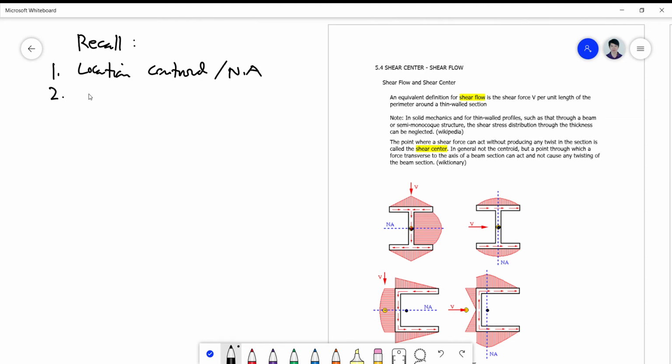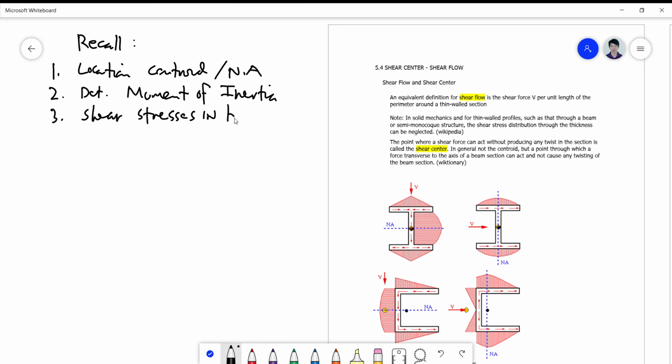Also, we have to know how to determine the moment of inertia, and also the computation for shear stresses applied in beams.